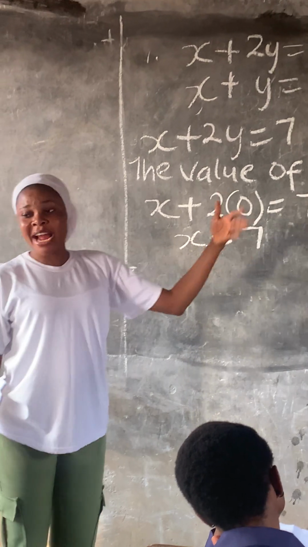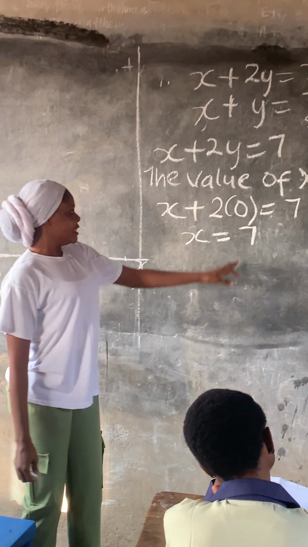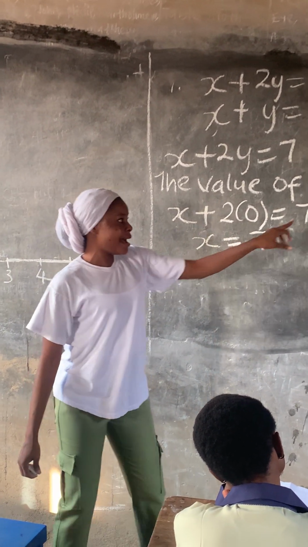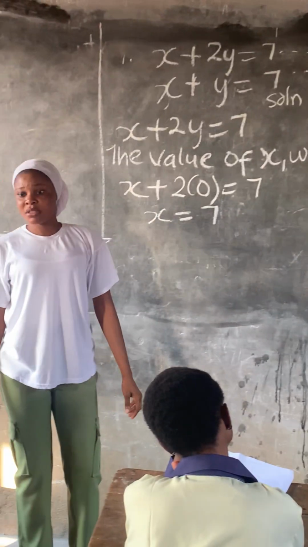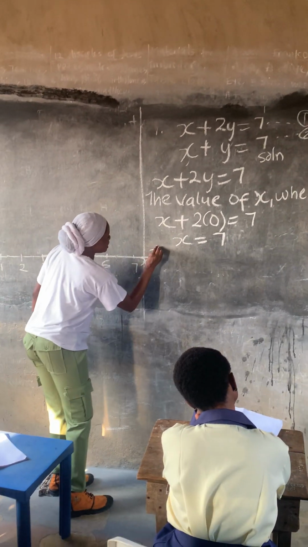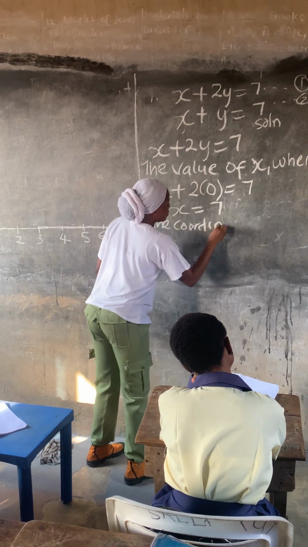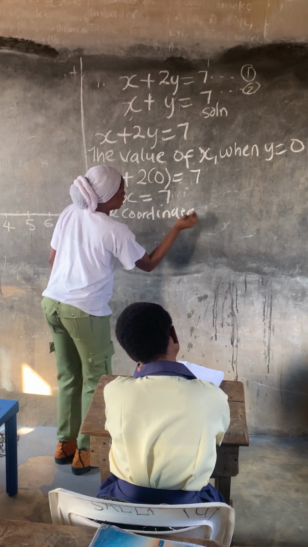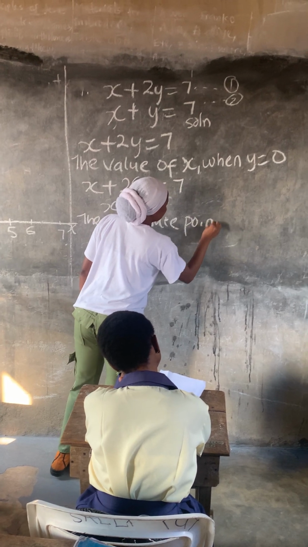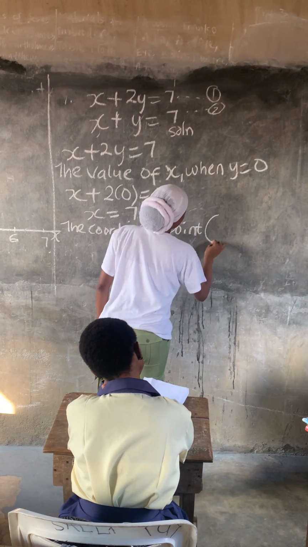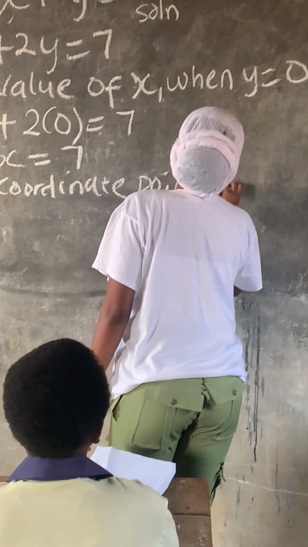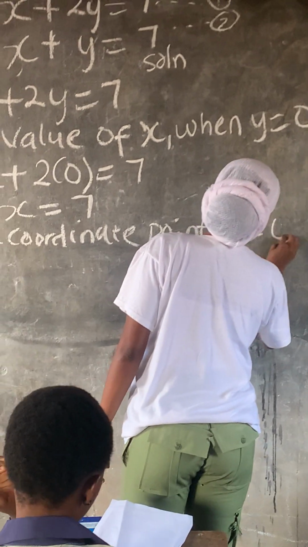Then from here you find the coordinates. What you are having here as your answer are the coordinate points. The coordinate point here is x is equal to 7, y is equal to 0.